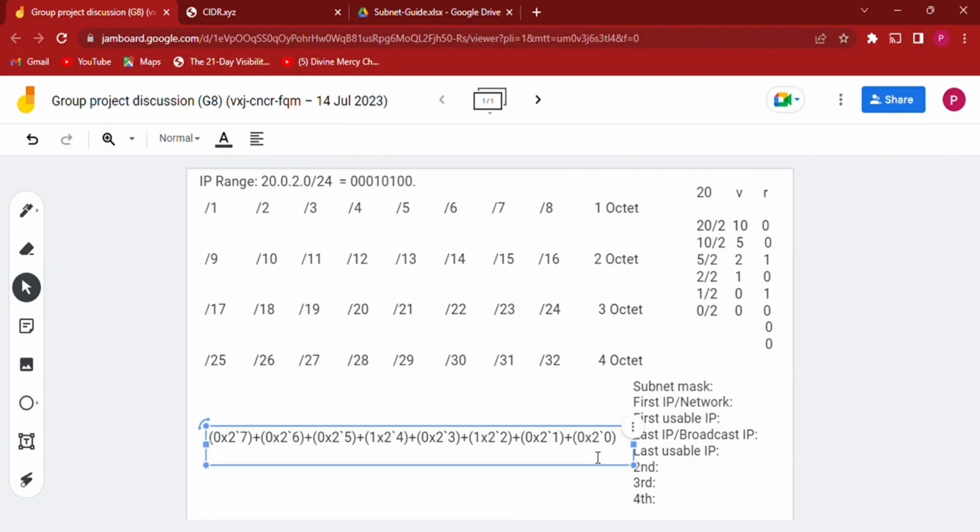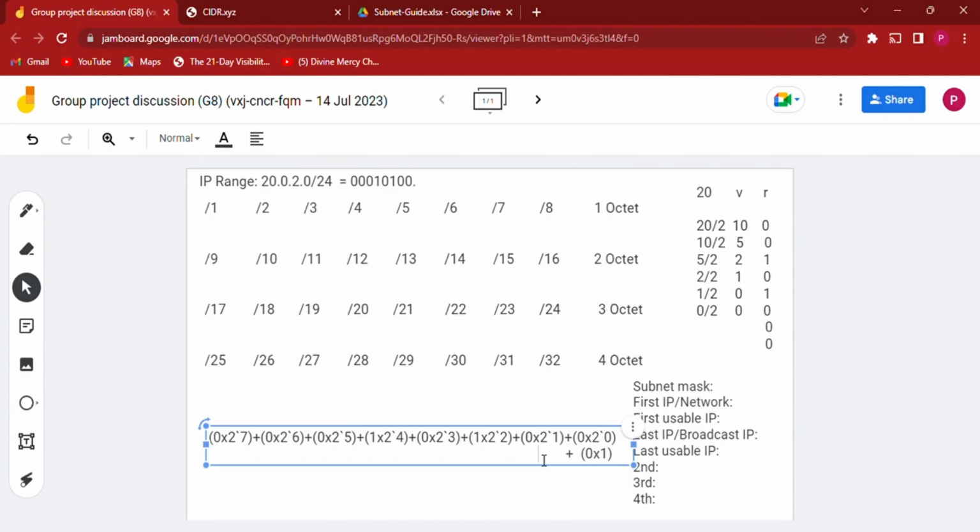Alright. 2 raised to the power 0 is 1. Please, this is math. 2 raised to the power 0 is 1. Any number times 0 is 0. So 0 times 1. I want you to understand it step by step.